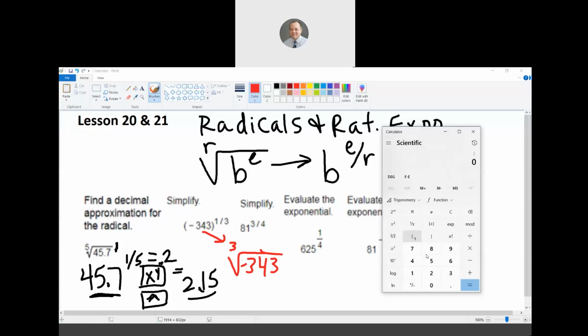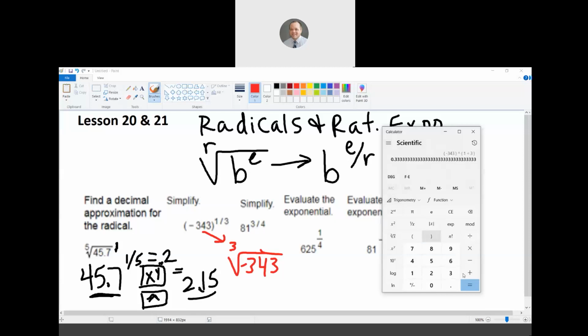Let's say negative 343. And we need to enter our exponent. So we hit our exponent button next. Now, unlike 1/5, 1/3, y'all already know is not going to be so nice as a decimal. So we need to use parentheses and just enter 1/3.